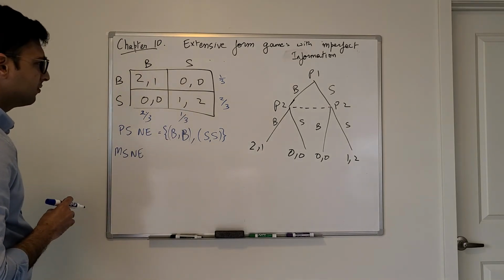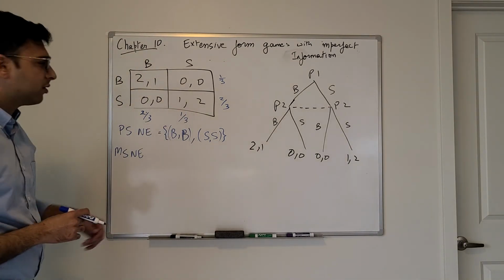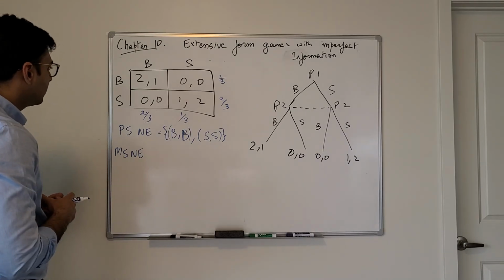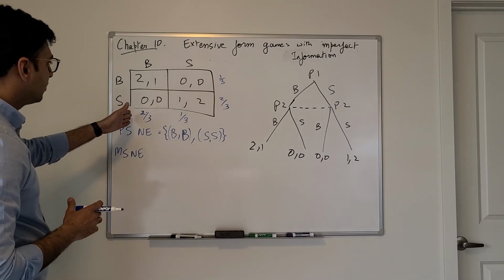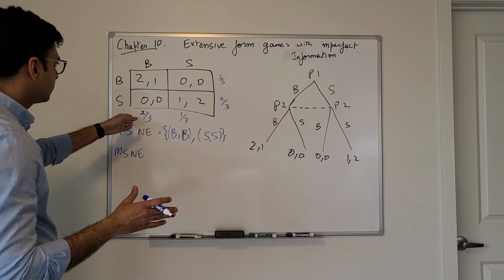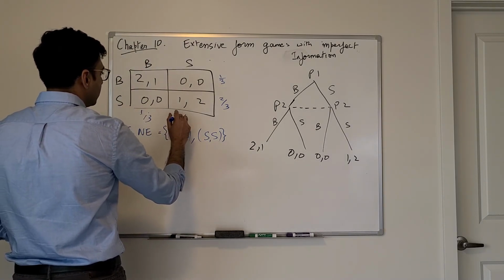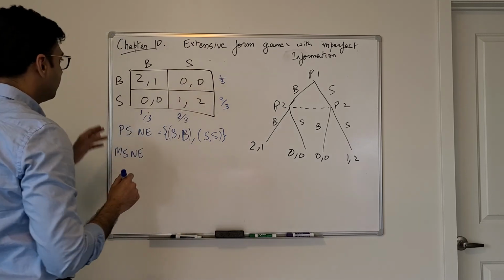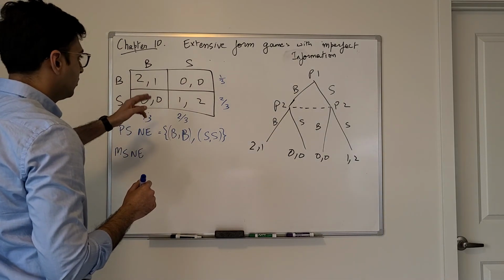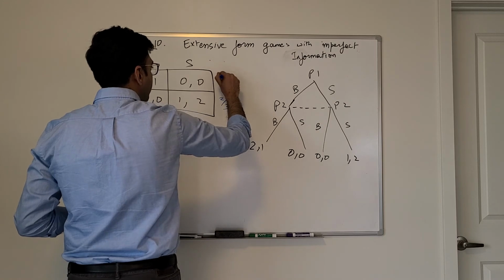You've done this before, so you can go over your notes, but I think if player 2 is playing this 2/3 of the time, oh no, this will be 1/3. And if player 1 is playing this 1/3, yep, 2/3.